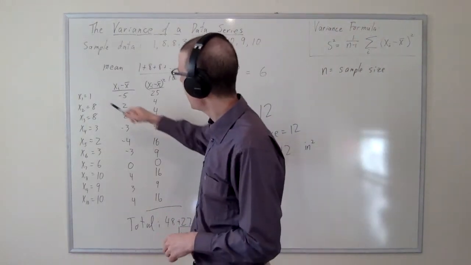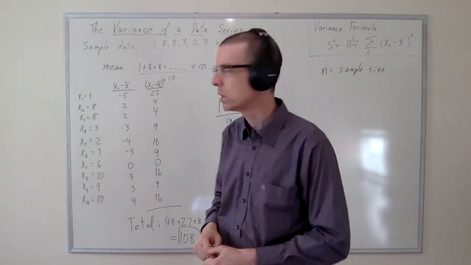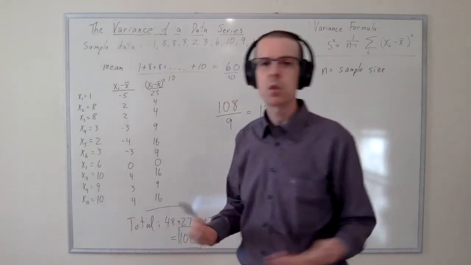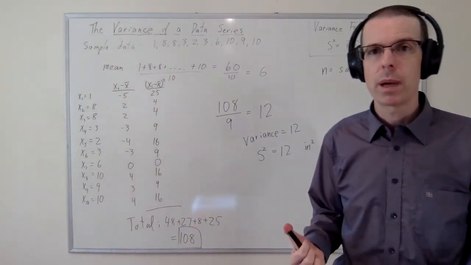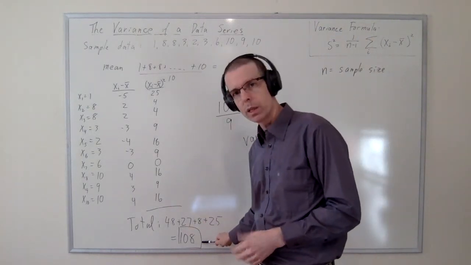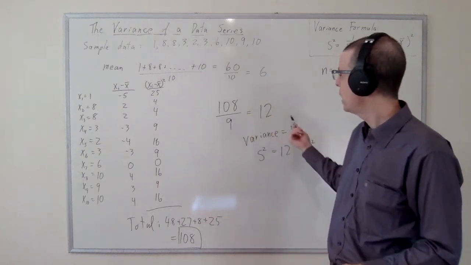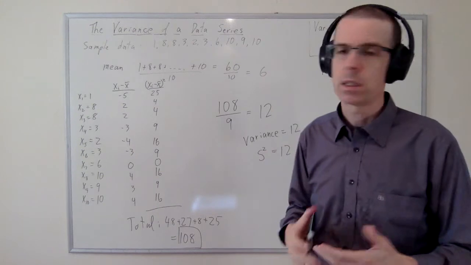So xi is in points, x bar is in points. We subtract them, this will be units of points. Square them, these will be square points. I don't even know what a square point is. It doesn't sound like anything I can make sense of, but okay, it's going to be in square points. This calculation is square points, whatever that means. And then we divide by 9. The variance is 12 square points, which makes even less sense.